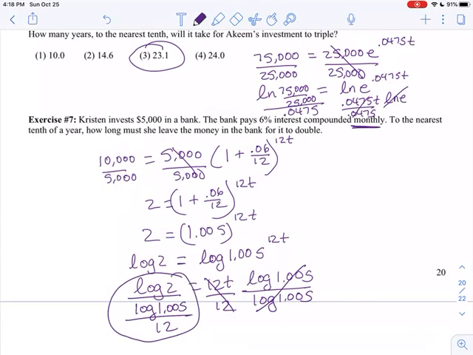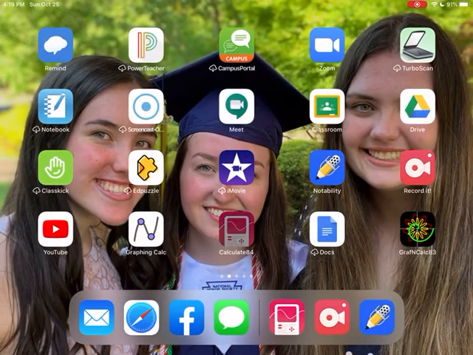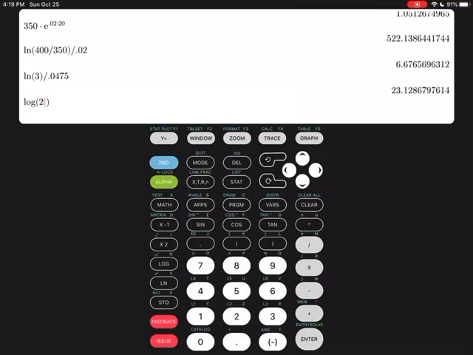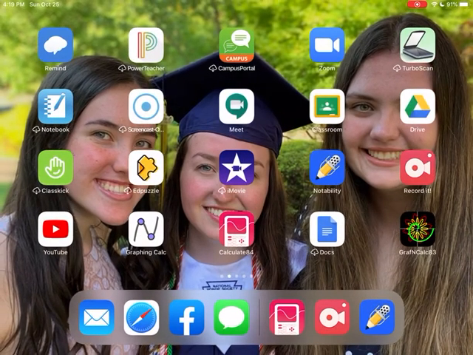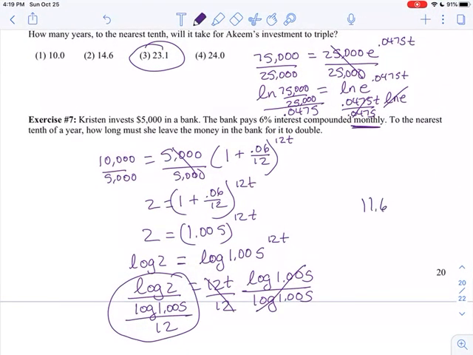I'm trying to get the t by itself, so I get rid of the exponent by bringing it down in front. And then I have to divide by 12 to get t by itself. So t equals this whole thing: the log of 2 divided by the log of 1.005, and then I divide that by 12. So it's basically going to be 11.6 years.